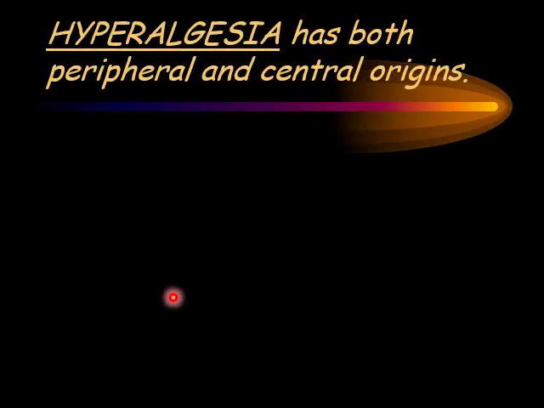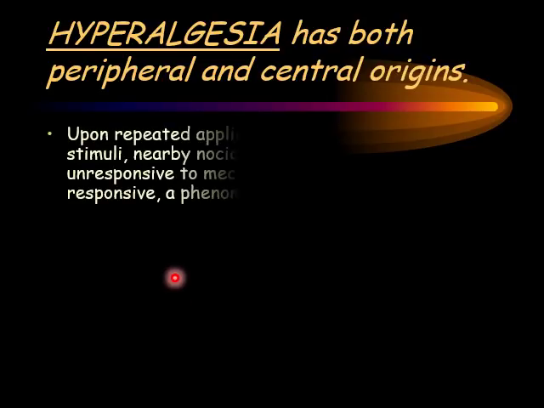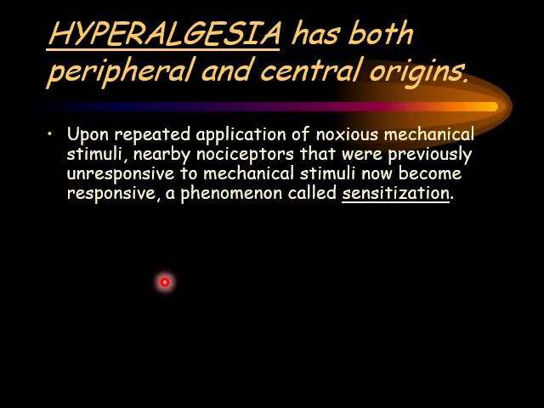Hyperalgesia has both peripheral and central origins. That is, right at the periphery where the receptor is, upon repeated application of those noxious stimuli, whether it's temperature or pressure, nearby nociceptors that were previously unresponsive to stimulation become much more responsive, dramatically, called sensitization.